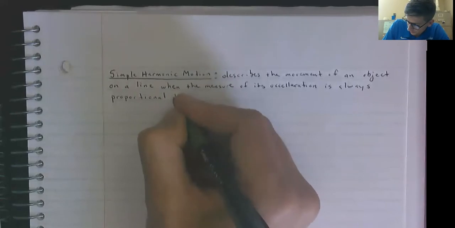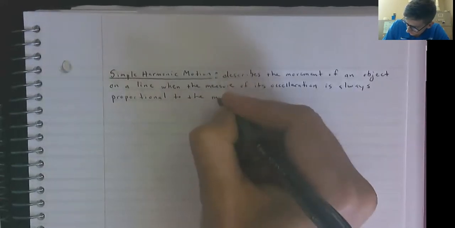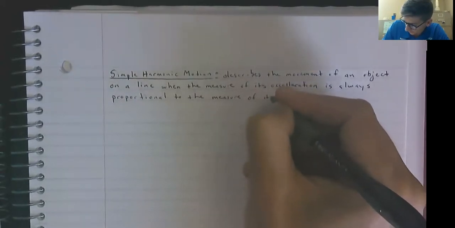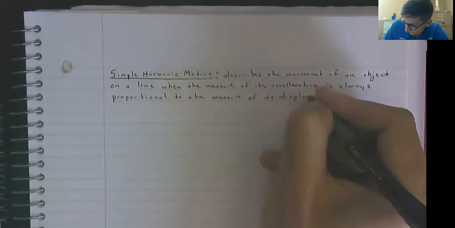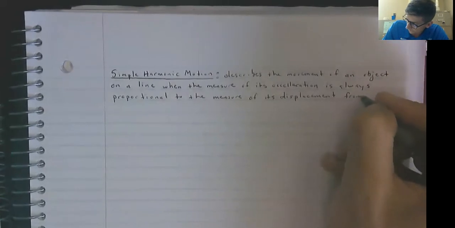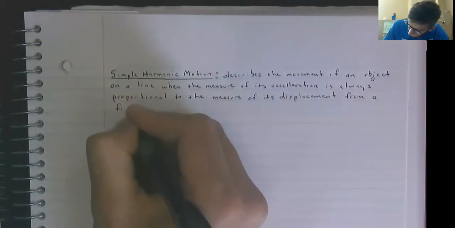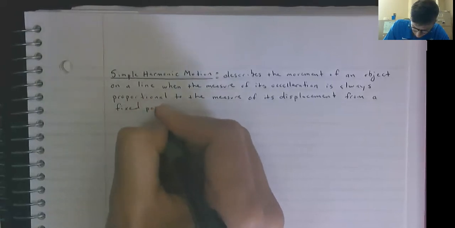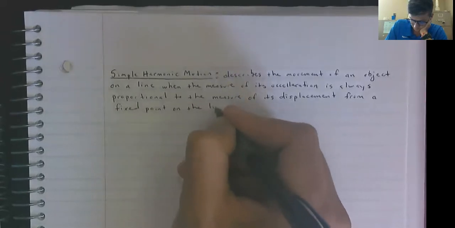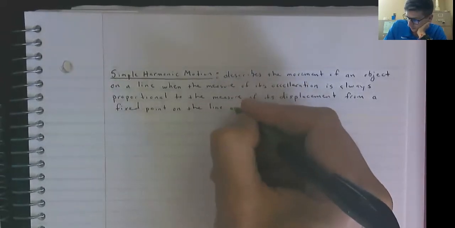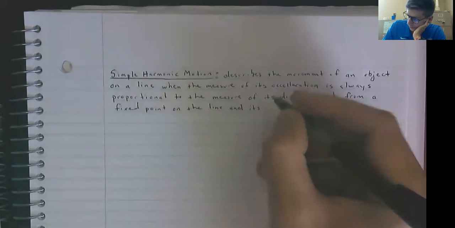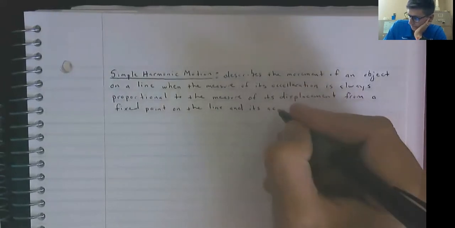To the measure of its displacement from a fixed point on the line, and this is what makes it simple harmonic, its acceleration and displacement are oppositely directed.